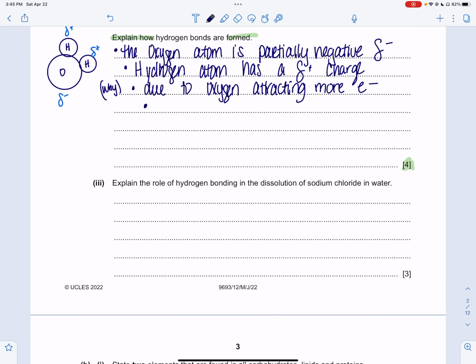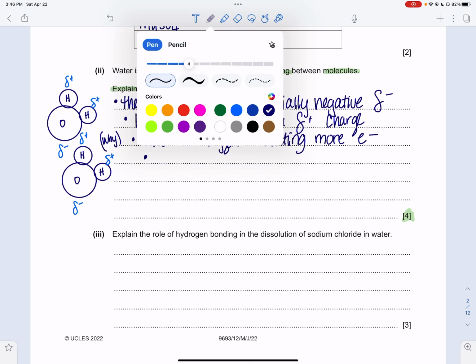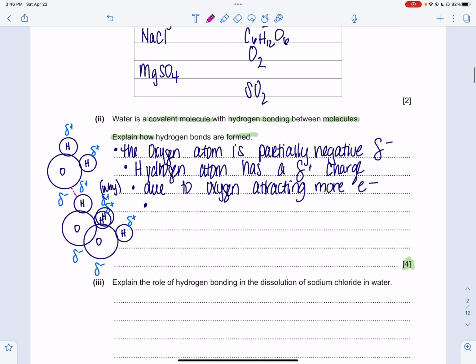I'm going to draw my second, actually, I'm going to cheat with my second water molecule. And so the hydrogen bond will form right here. That could be one. And I'll throw on another.